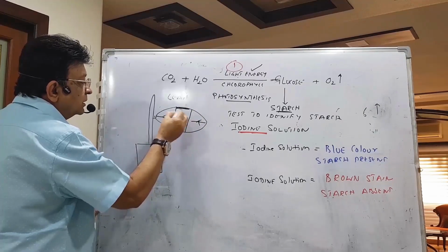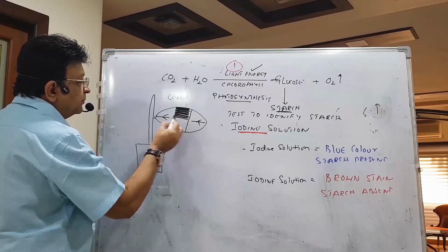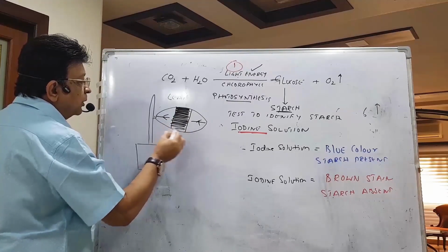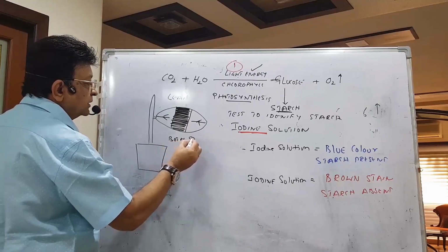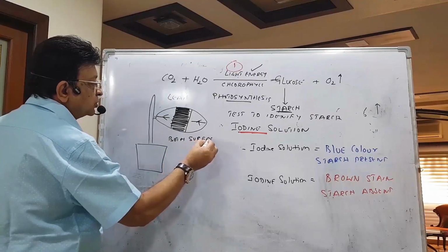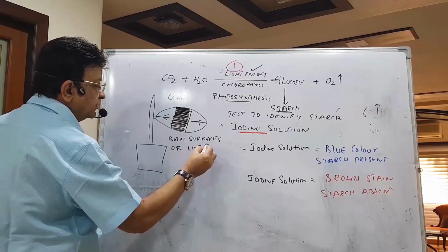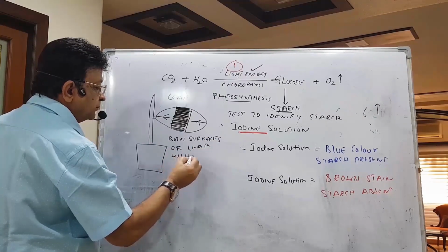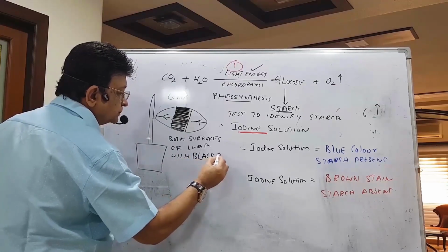So I covered the surface of the leaf with black paper. Both surfaces of the leaf, pay attention. Both surfaces, I will show it to you. Both surfaces of the leaf with black paper.